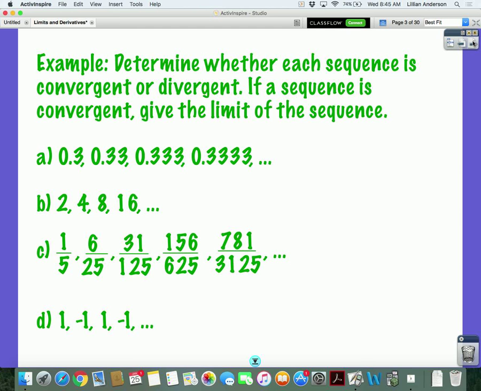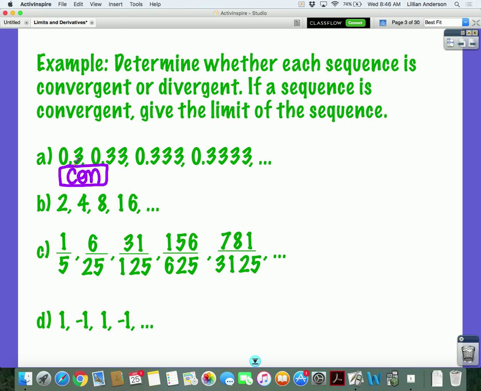It is convergent, because if you continue this pattern, you'll get 0.33333, and as we know, if we continue to add 3's forever, that technically is going towards what number? No, not 0. Not 3. Not 0.2. What's 0.3 repeating?